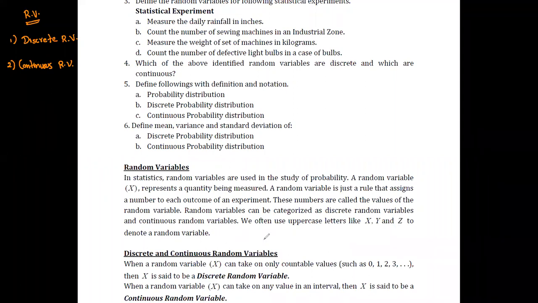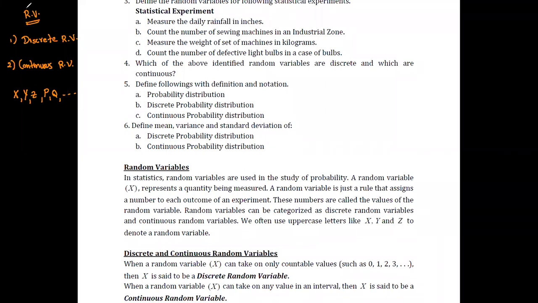As I have already discussed, we use uppercase English letters to denote a random variable, such as X, Y, Z. We can have P, Q. Likewise, we can have uppercase English letters to denote a random variable.